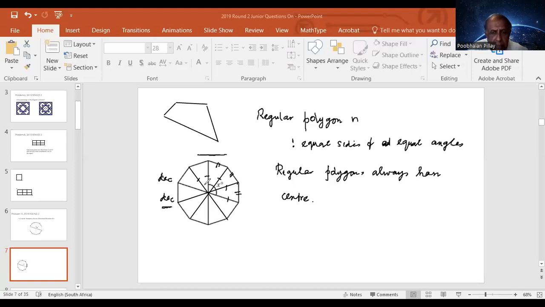So all these angles are equal. These 10 angles at the center are all equal because of congruence.